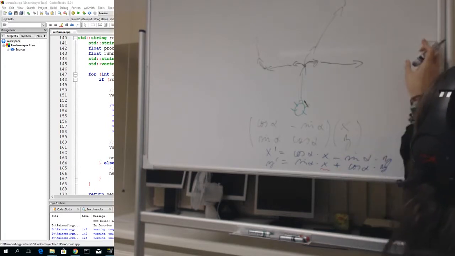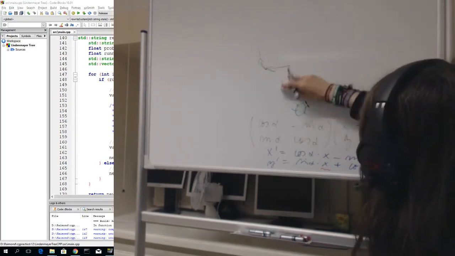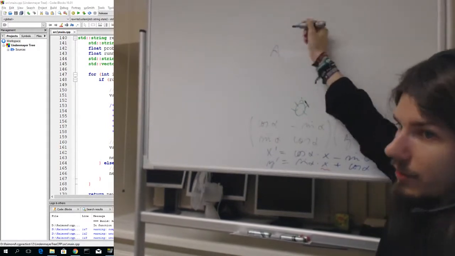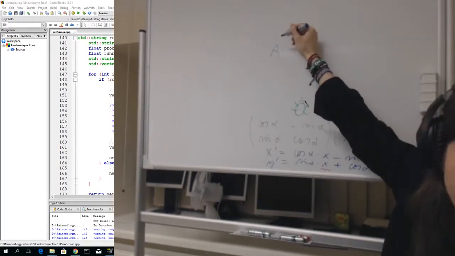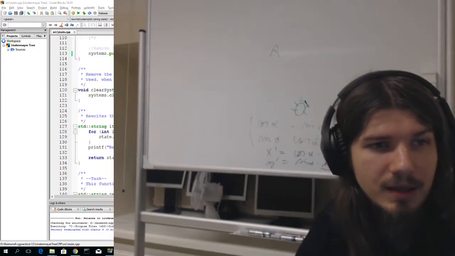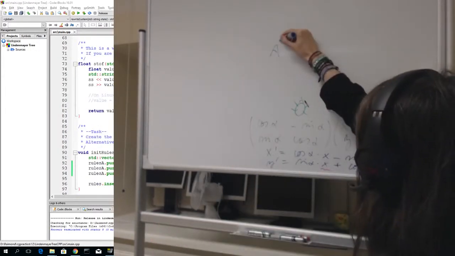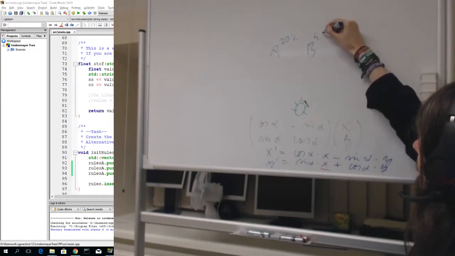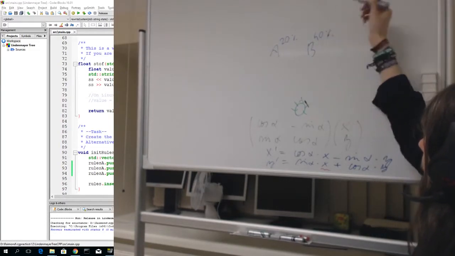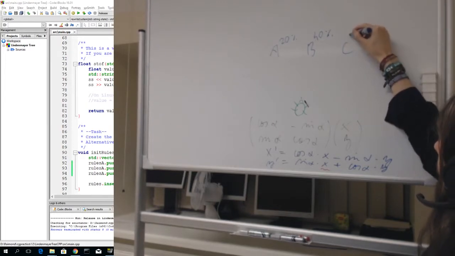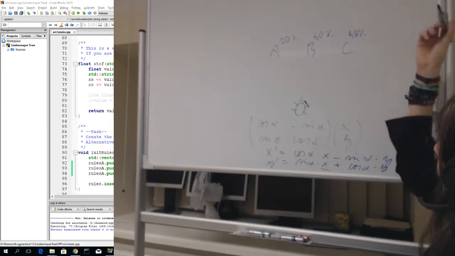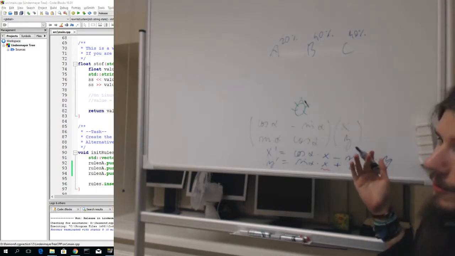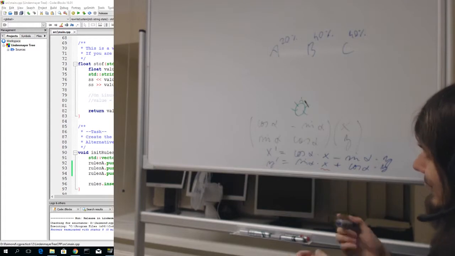If you have 3 things, let's say A, which has a probability of 20% of being picked, then we have B that has a probability of 40% of being picked, and C also 40% of being picked, then how do you determine which one was picked? What is the code for this?